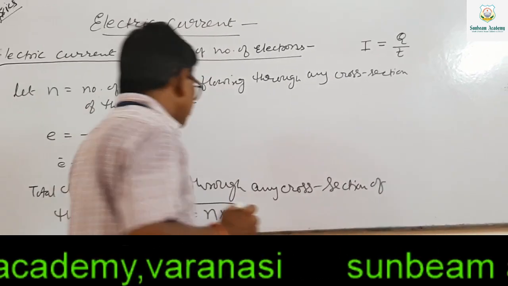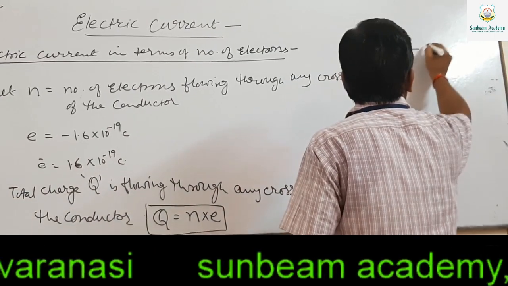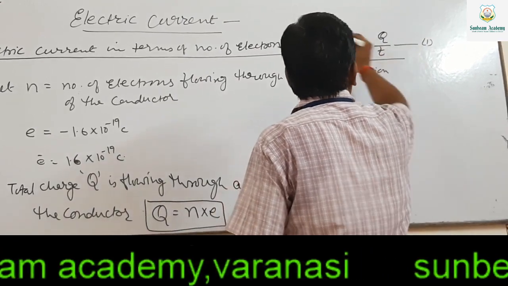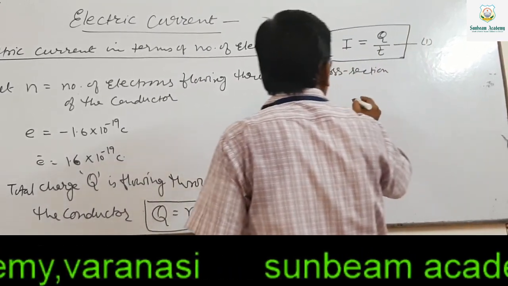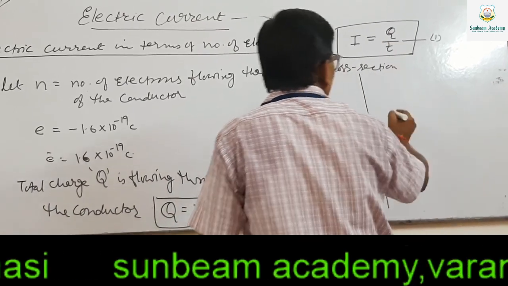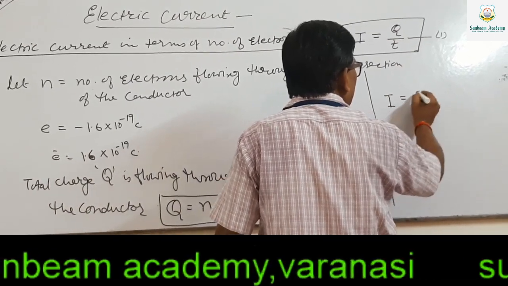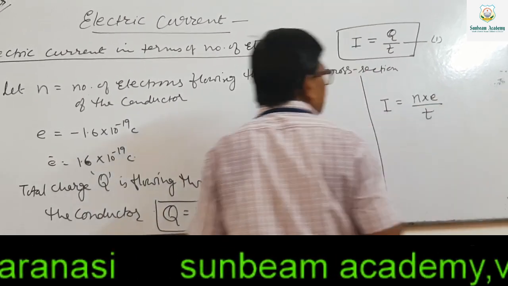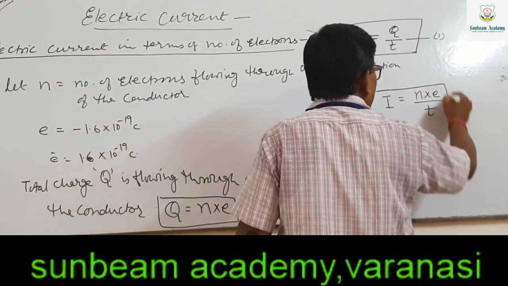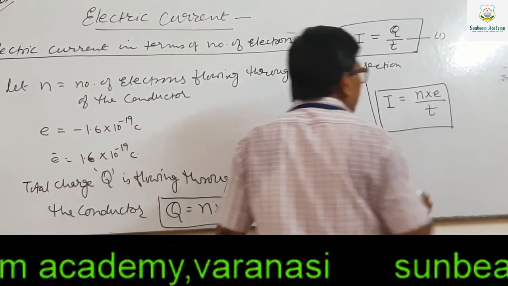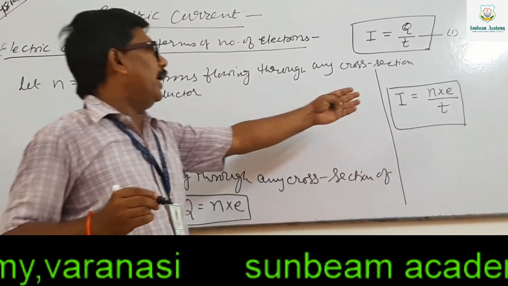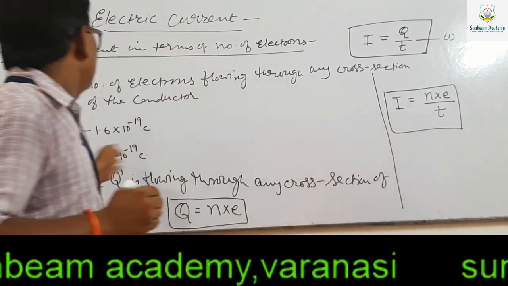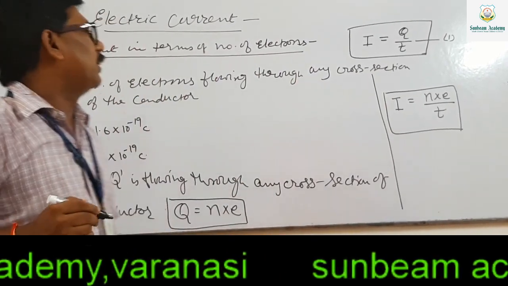Now what we will do? We will substitute the value of Q in the formula I is equal to Q by T. So the formula becomes I is equal to N into e upon T. The current flowing through the conductor will be the number of electrons flowing through any cross section of the conductor, times the charge on the electron, upon the time taken.